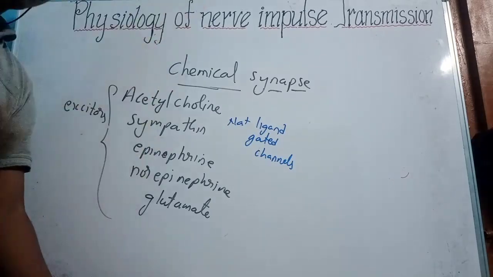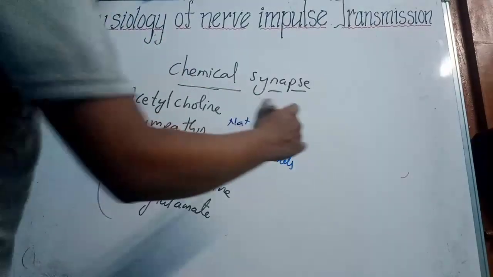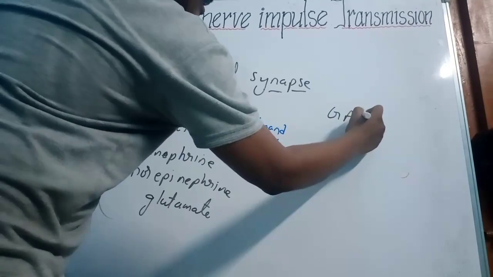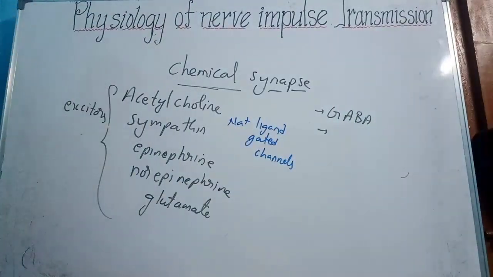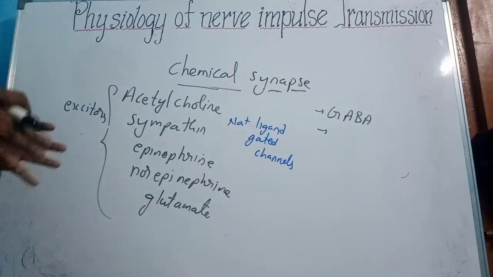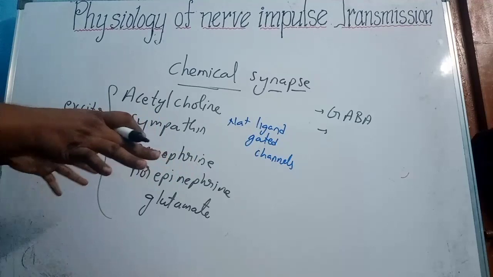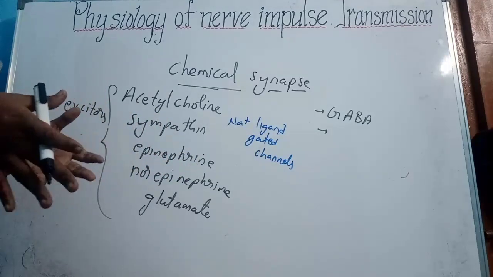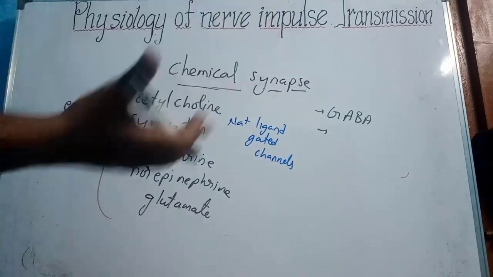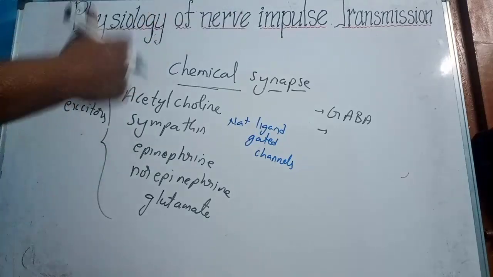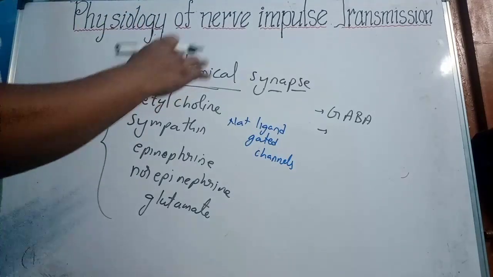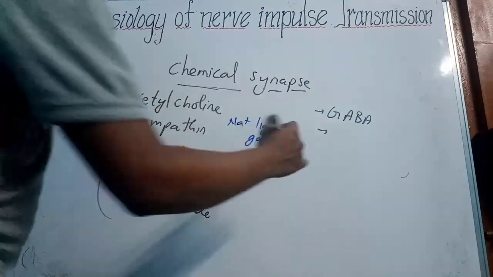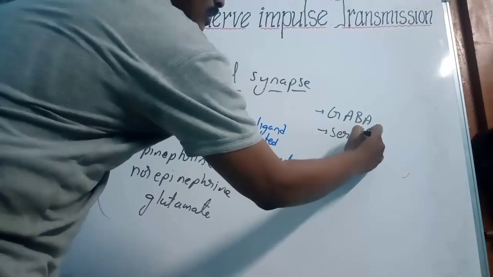But we have a few more things like GABA, gamma aminobutyric acid. If I'm not wrong, I'm just guessing it. Gamma aminobutyric acid, I think so. Maybe it's okay. If it's not right, it's okay. Now we have the GABA there. Then we have some other inhibitory transmitters like serotonin.